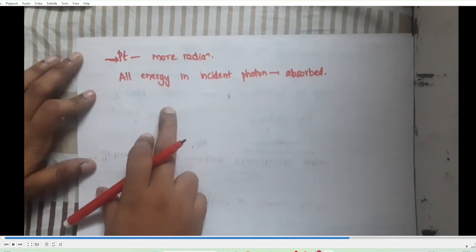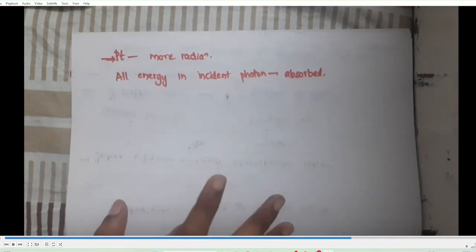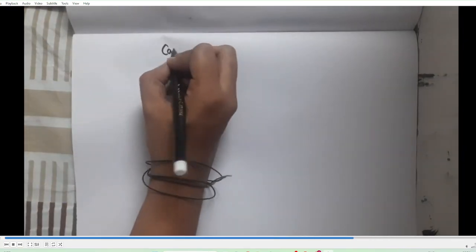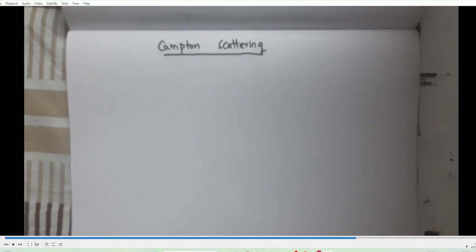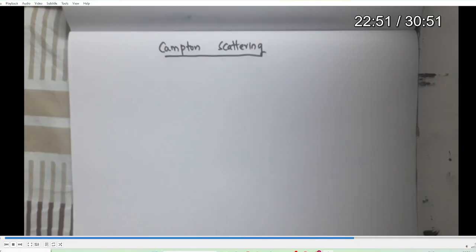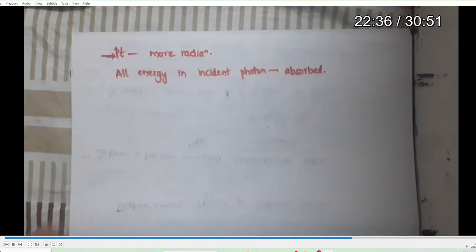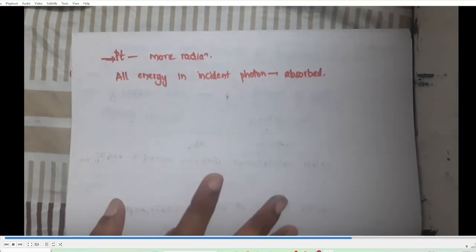Only a part of the incident photon energy is absorbed in the Compton reaction, which we are going to see later. One of our primary goals is to keep patient doses at the minimum, so we must keep this point in mind at all times.